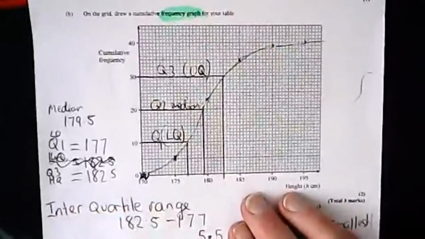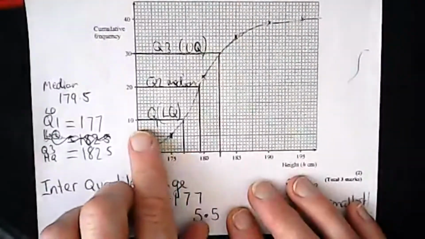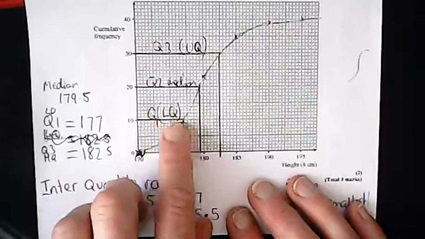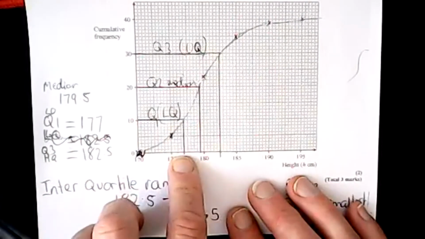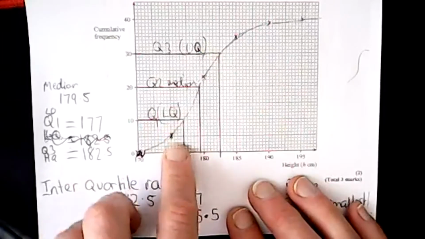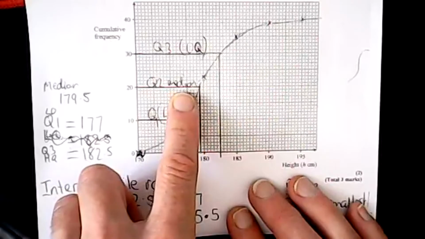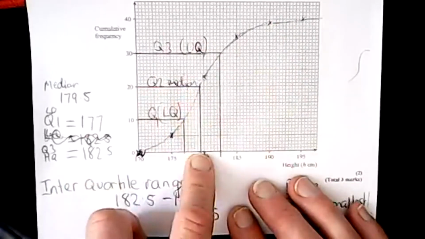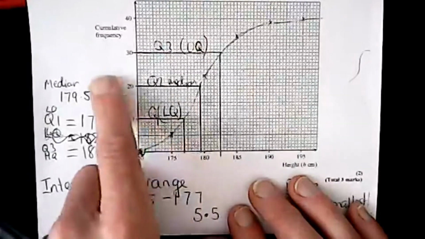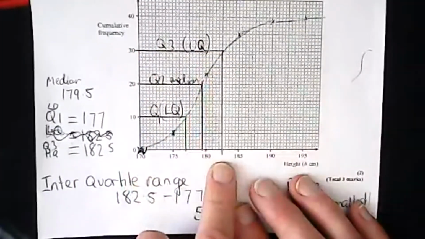And the final thing that we've learned today is to find three important measurements, which is a quarter of the table of the cumulative frequency, a quarter of the people, which is 10 in our case, and the value of that using the graph going down. The second quartile, which is also the median, which is the middle. Draw a line to the graph and down. You read it off at the bottom. And the third quarter, go to the graph, read it off to the bottom.